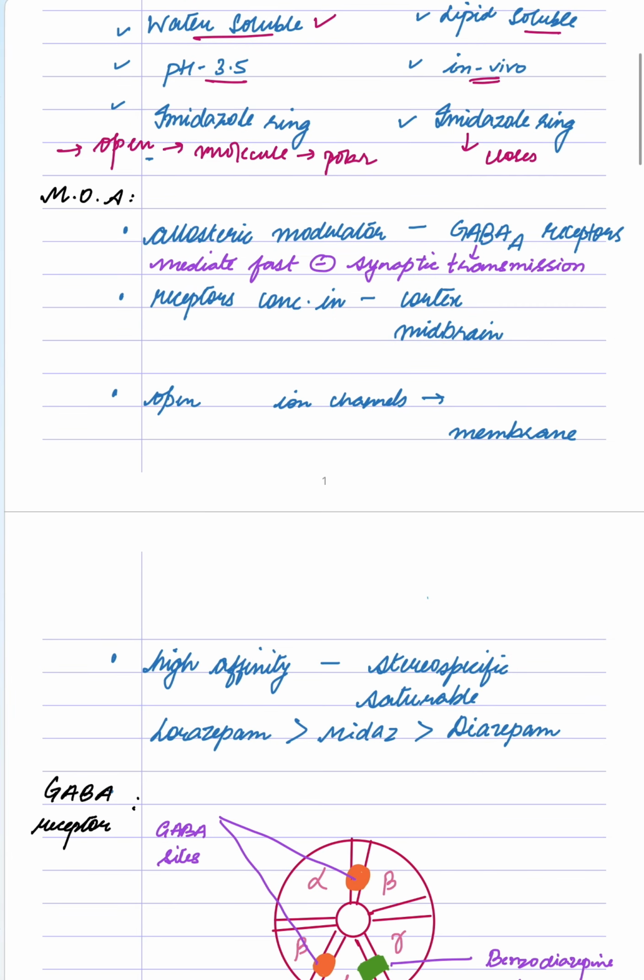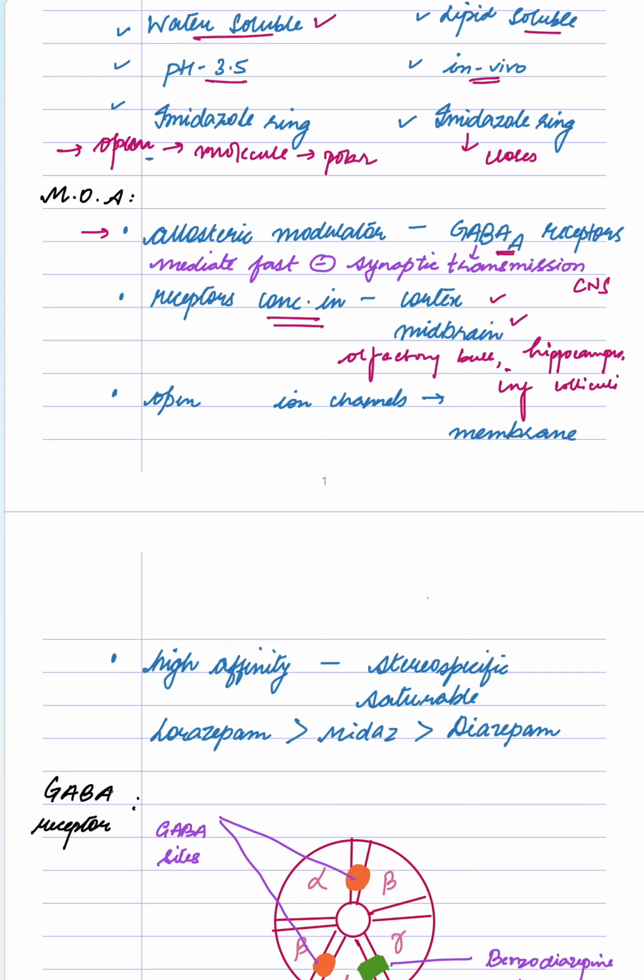Coming to the mechanism of action, it is an allosteric modulator at the GABA A receptors specifically, and these GABA A receptors are responsible for the fast inhibition of the synaptic transmission in our CNS. Now, these receptors are present everywhere in the CNS, but they are more concentrated in the cortex, midbrain. Other structures include the olfactory bulb, the hippocampus, inferior colliculi.